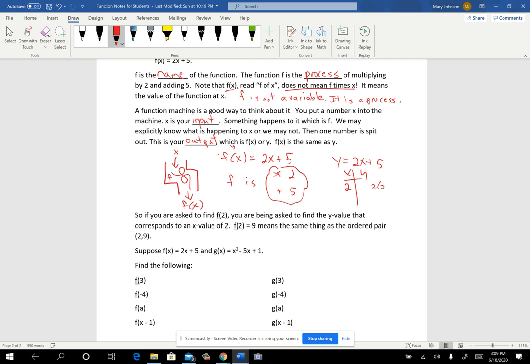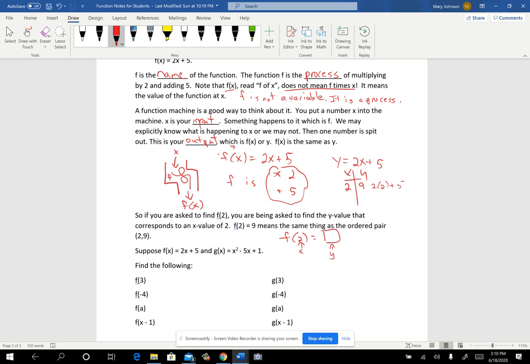You would have said 2 times 2 plus 5, and that would have given you 9. F of 2, that's what it means. So when you see f of 2 and you're being asked what that is, know that this is your x, and what you're looking for here is your y. The 2 is the x coordinate, the 9 is the y coordinate that matches up with it.